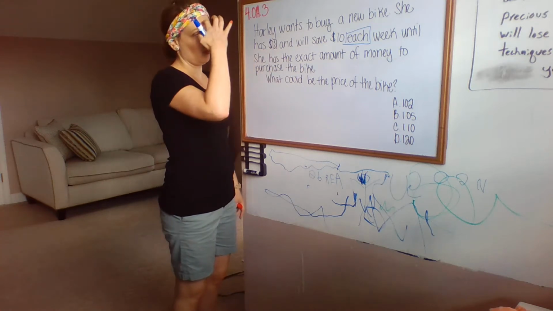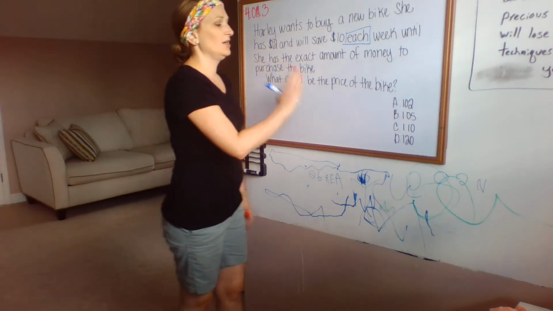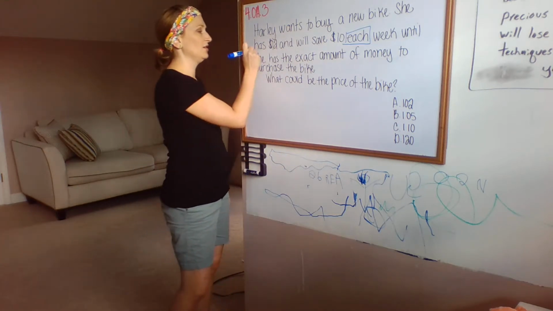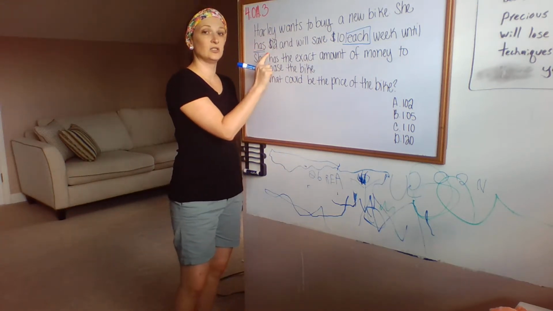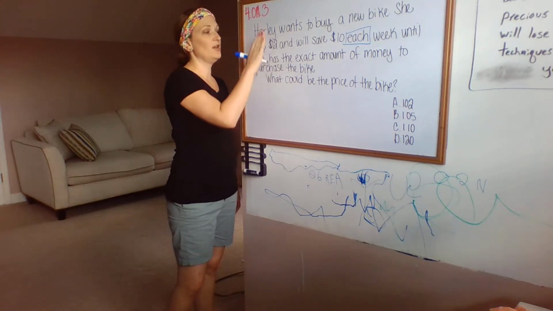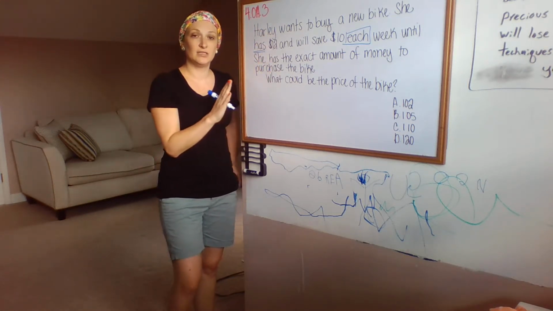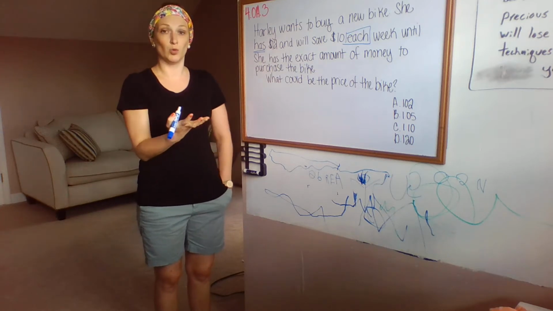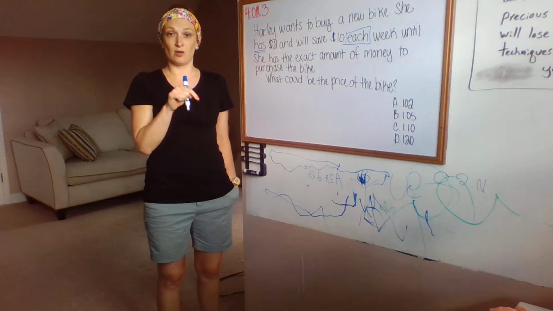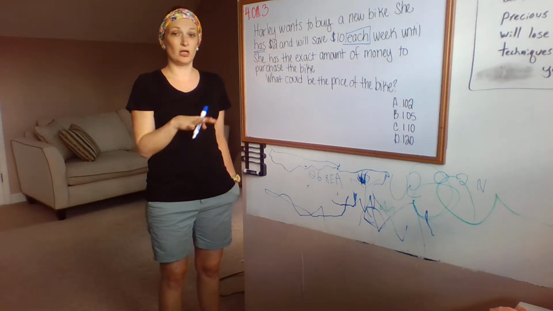Now, a lot of times kids will just want to work with that 10, but we have "has $12." Has with a number oftentimes can indicate that you have a total. And in this case, the total is your starting point because she's not starting without any money.